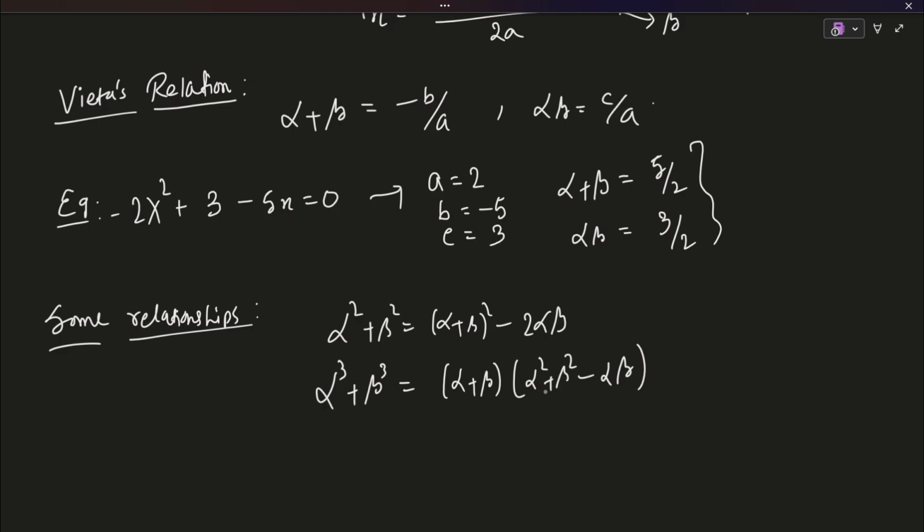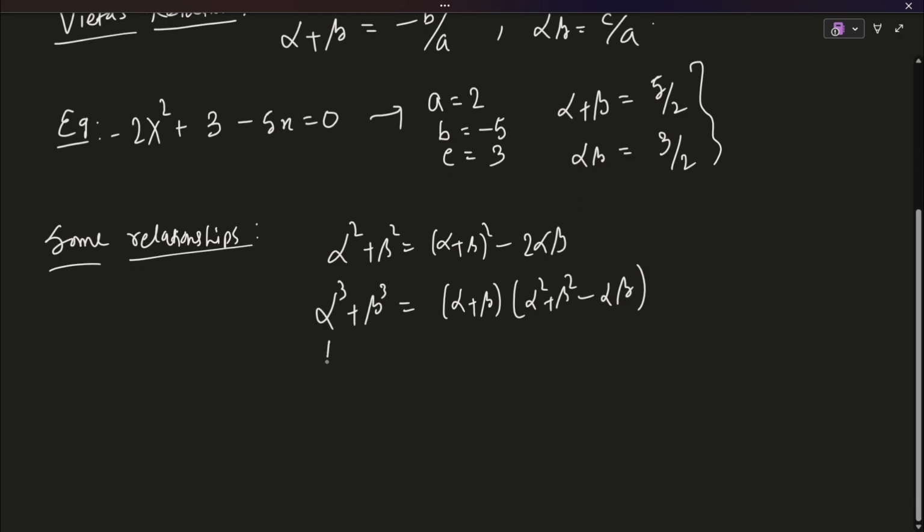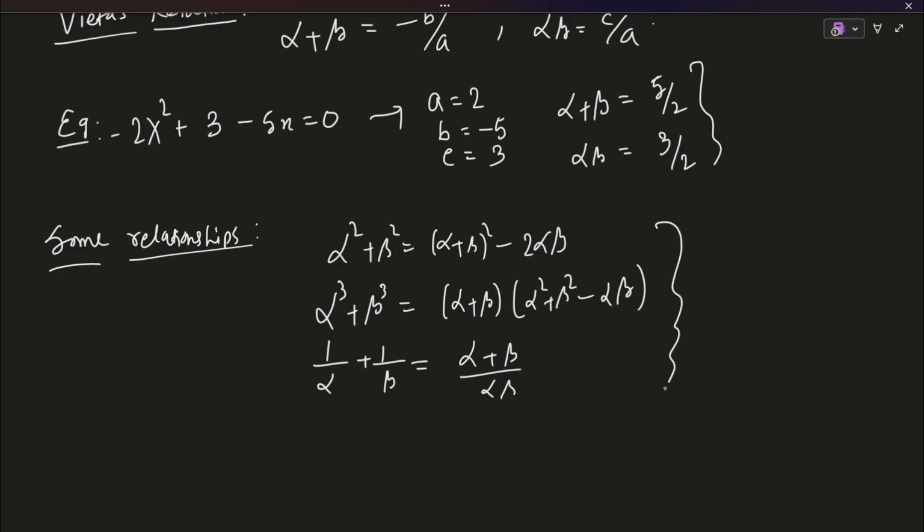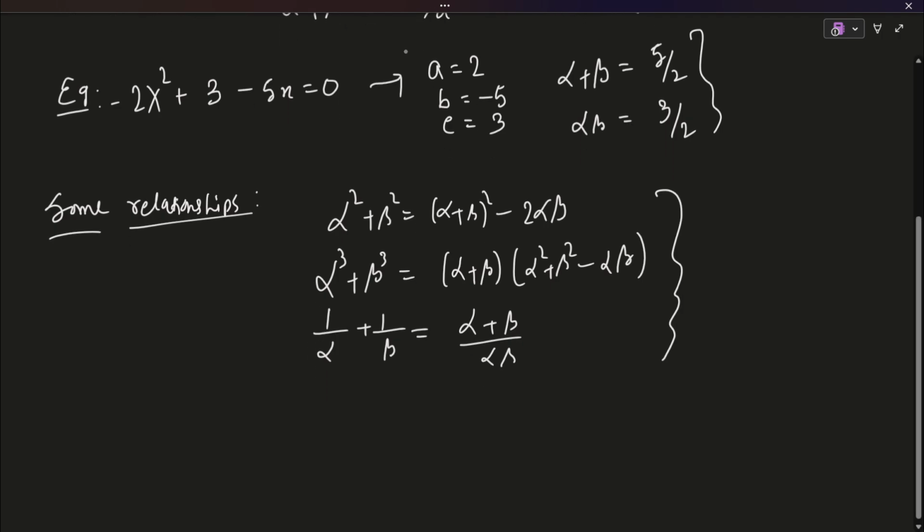Alpha square plus beta square, you already know. If you are given reciprocals, you can again find them easily because 1 by alpha plus 1 by beta is alpha plus beta by alpha beta and so on. So I hope this is clear how to find any value regarding alpha and beta, the symmetric polynomials, in terms of whatever we get from the Vieta's relationships.